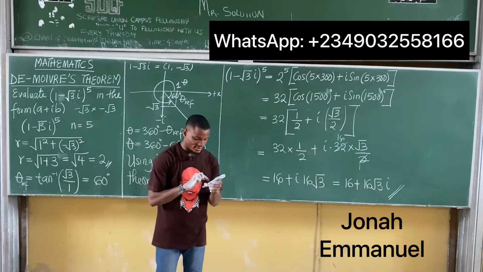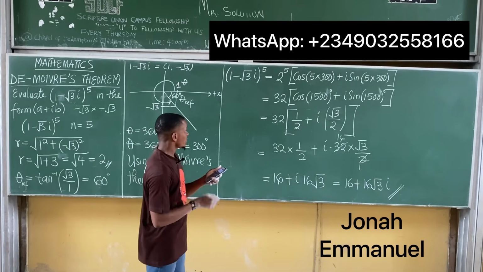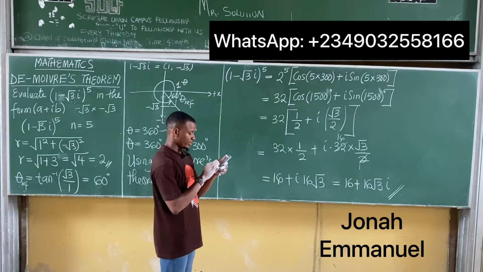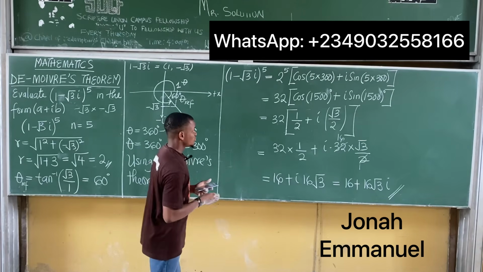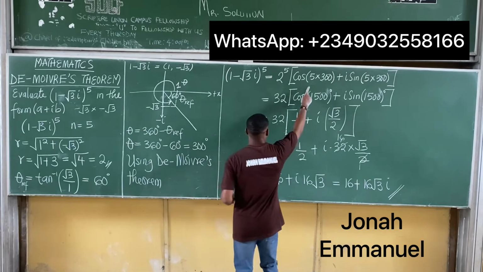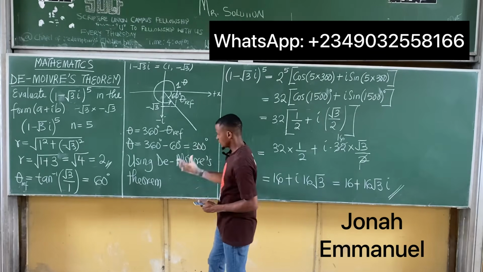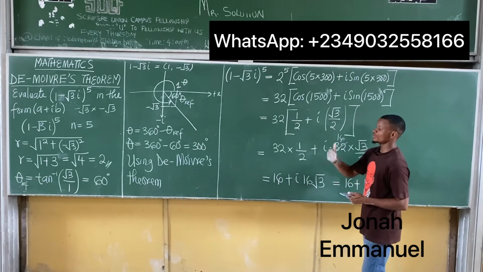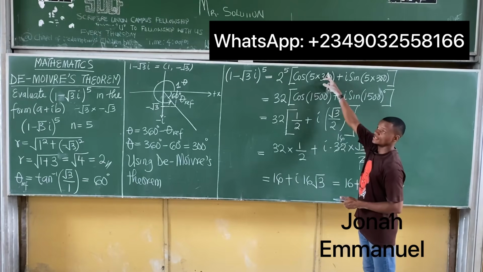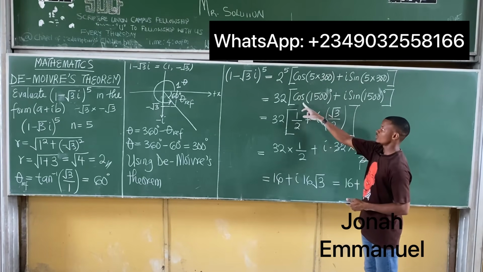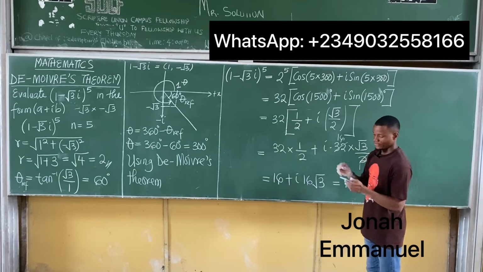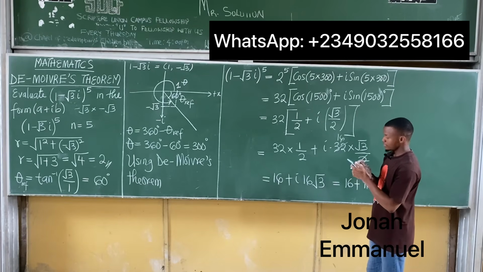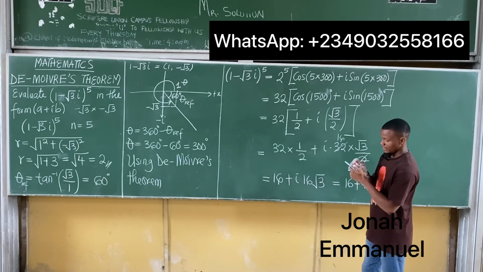Just to check this, 5 times 60, 300. Just to check this up, please, if you still use 60 here, our initial angle was 60 degrees. If you still choose to use 60, it becomes 5 times 60, that's 300. So cos 300 will still give you the same value as cos 1,500. But sine 300 gives you a negative.